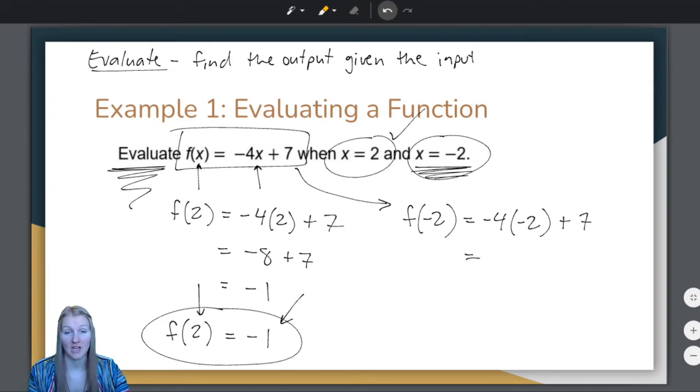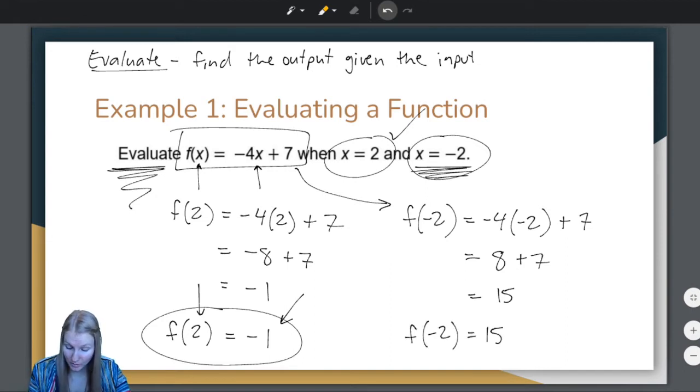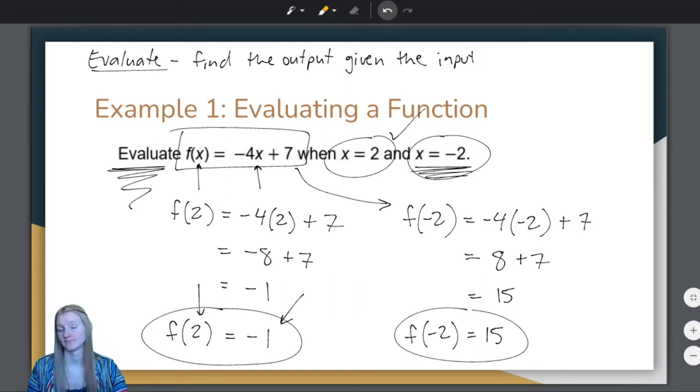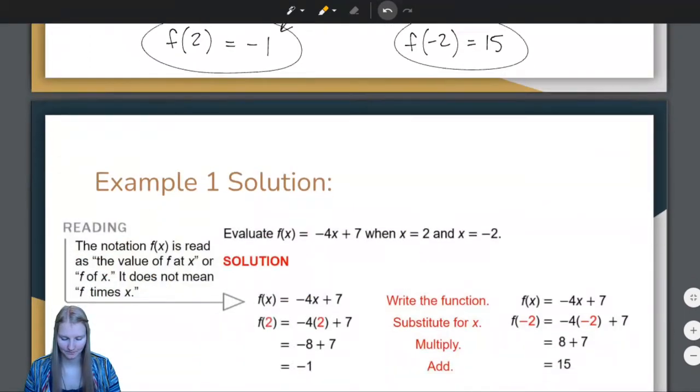Negative 4 times negative 2 is positive 8. Plus 7. And 8 plus 7 is 15. So, when the input is negative 2, the output is 15. And there you have it. f of negative 2 equals 15. We have evaluated. Let's check and see if we were correct.